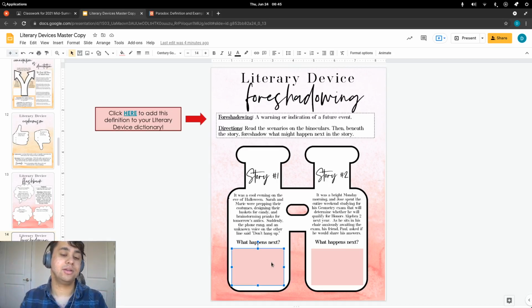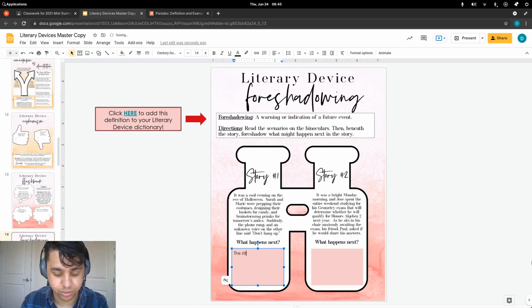In my mind, this could be foreshadowing the start of a horror movie where he says something like, "Look outside the window," and they see somebody in a mask or something. Now that's creepy, but I think that is a possibility based on what's going on so far in story 1. So that's what I'm going to write. What happens next?